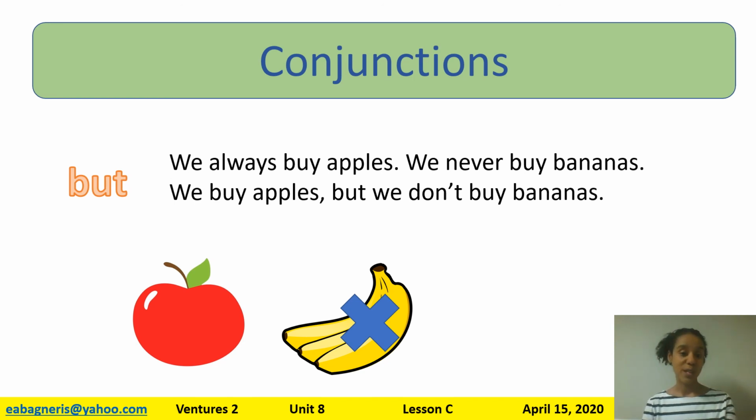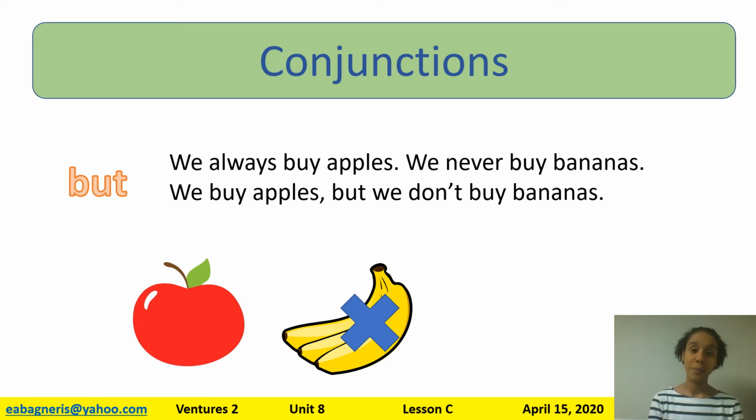So yes, we buy apples, but we don't buy bananas. Okay? So here I have a yes statement. We buy apples. And then I have my but and I have a no statement. We don't buy bananas. So remember, you're always going to write both sentences. We buy apples, but we don't buy bananas.